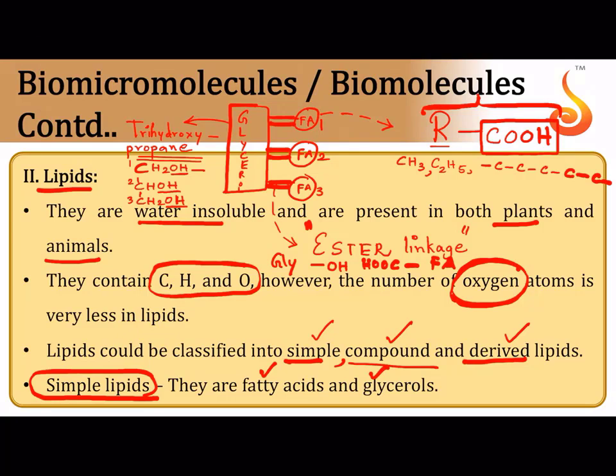So we can call such a molecule, please note all of you, there is one glycerol molecule and how many fatty acid molecules? 3 fatty acid molecules. So these are called simple lipids, and to be very specific, they are called neutral fats. To be even more specific, we can call them triglycerides.